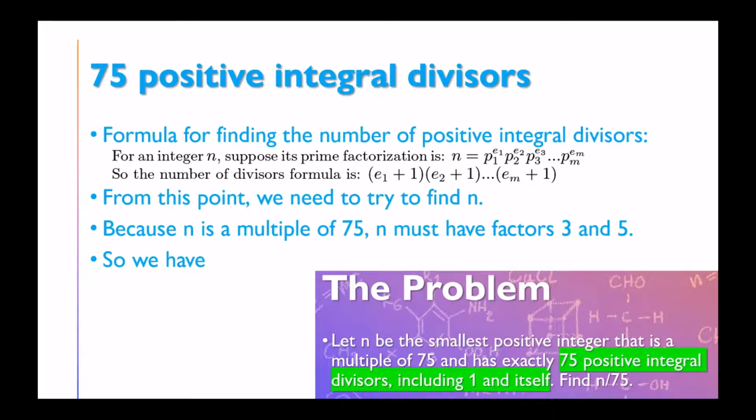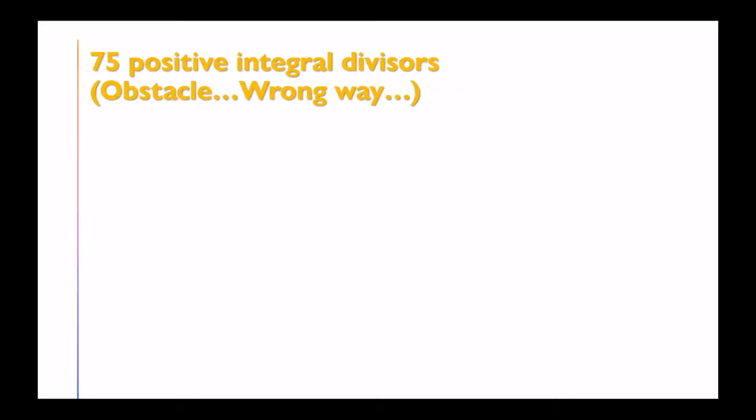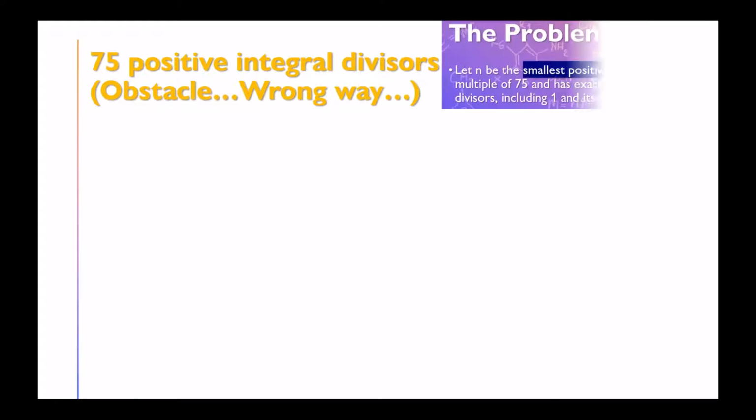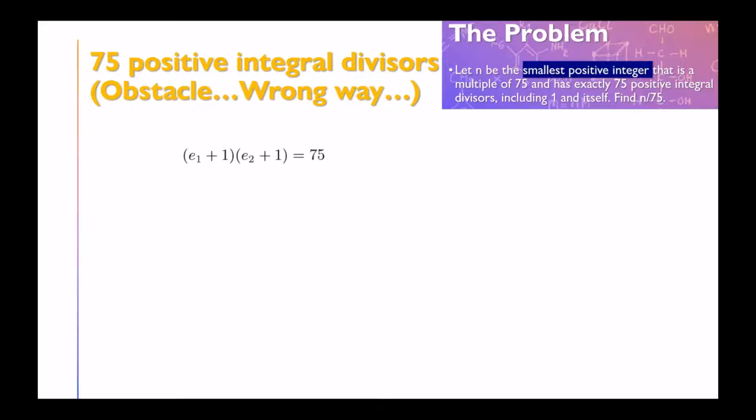So now we have n equals 3 exponent e1 times 5 exponent e2. Now we see that n must be the smallest positive integer, and we need 75 divisors. So by the formula for the number of divisors, we have e1 plus 1 times e2 plus 1 equals 75.